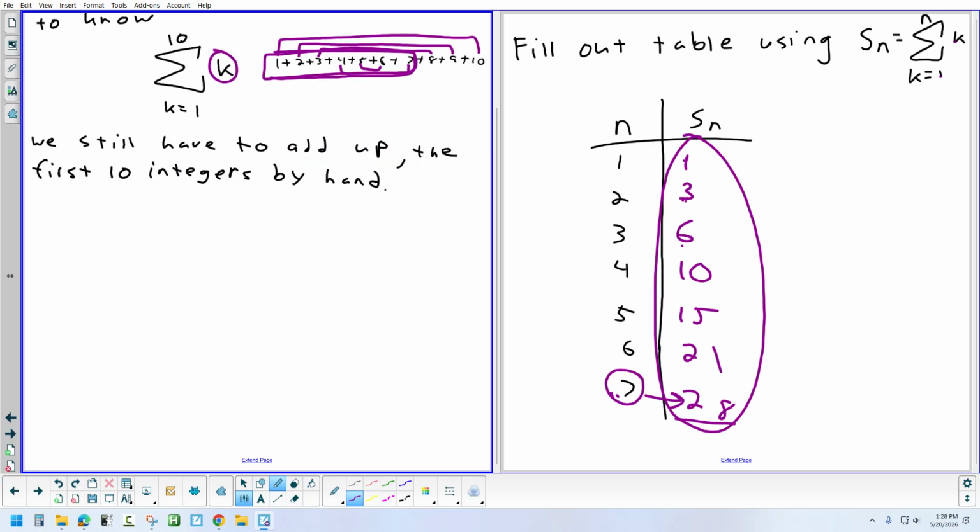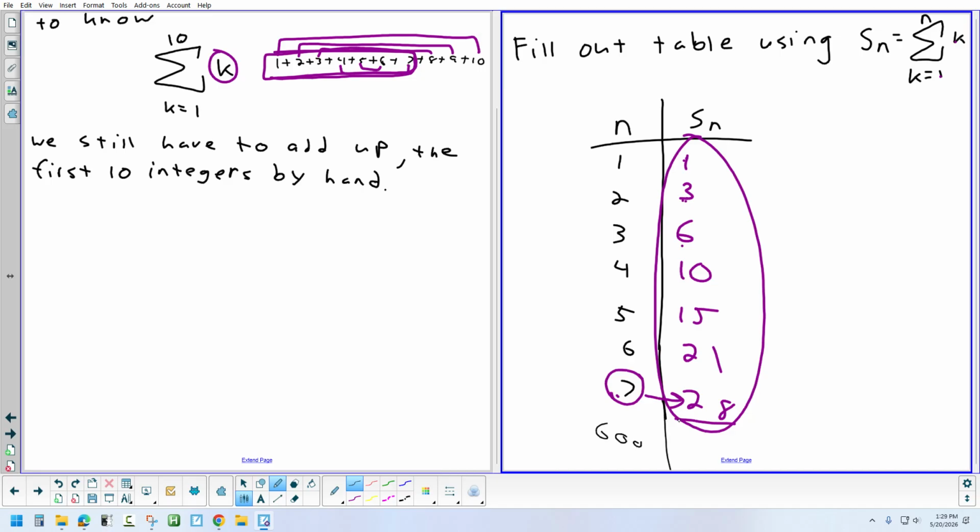Did anybody see what kind of pattern it is? Yeah? You have to multiply it by the next n, or add the next n, so it's like 1 plus 2, and then 3 plus 3, and then 6 plus 4, and then 10 plus 5, and then 15 plus 6, and 21 plus 7. Okay, so that's what's happening recursively. So if I went all the way down to 600, you need to know the 599th one.